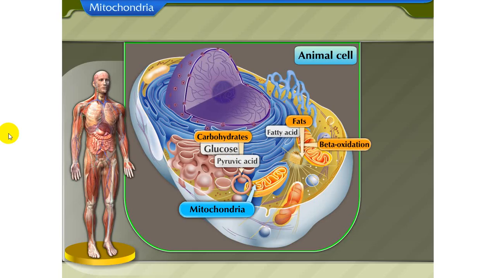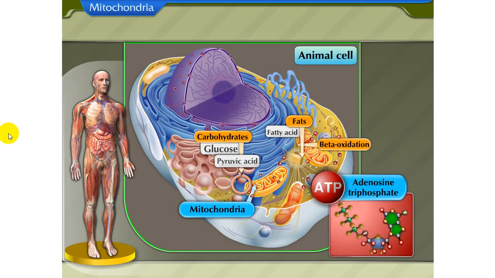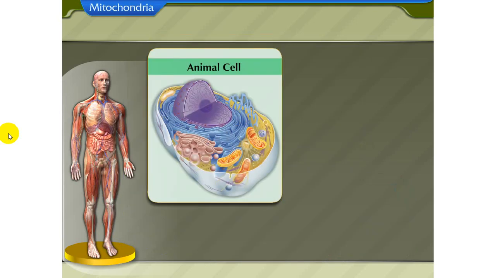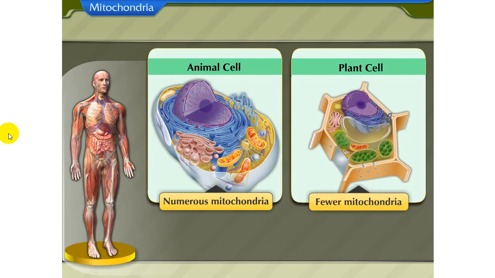During this oxidation process, a large amount of energy is released. The energy released during the process is used by the mitochondria to produce the energy-rich compound ATP, adenosine triphosphate. ATP is the energy currency of a cell. There are numerous mitochondria in animal cells, whereas plant cells have fewer mitochondria.